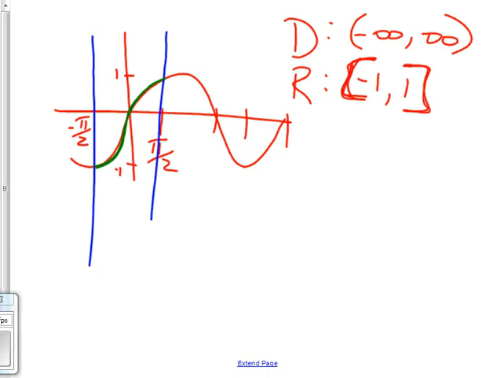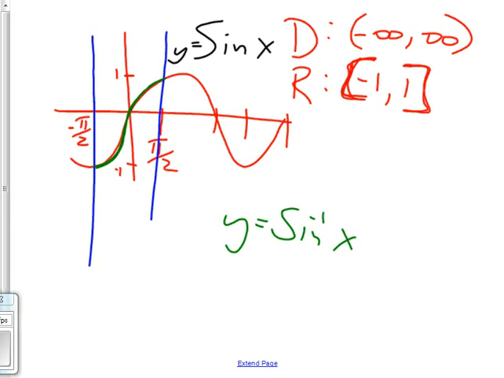All right. So now, one of the questions on a test could be as simple as this. What is the domain and range of inverse sine? What's the sine? So what would inverse sine's domain and range be? Just reverse it. Y equals sine with the little negative 1 of x. You just reverse it.